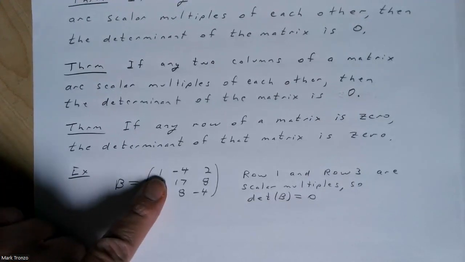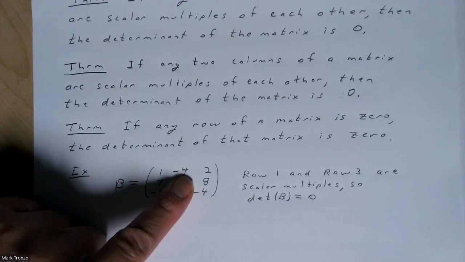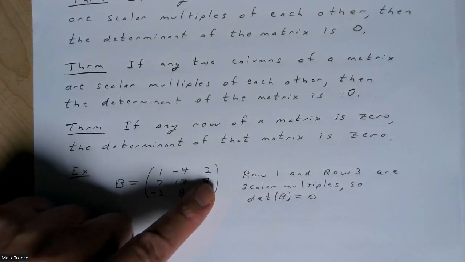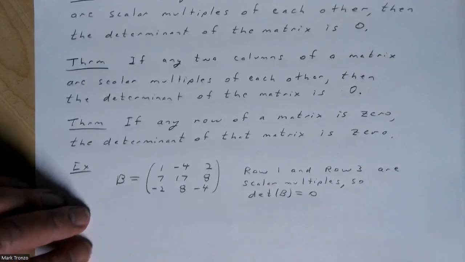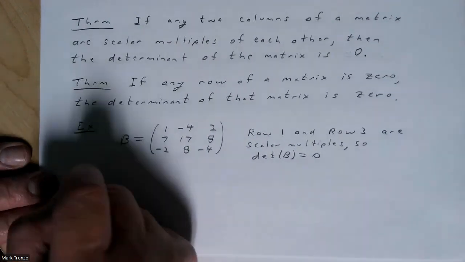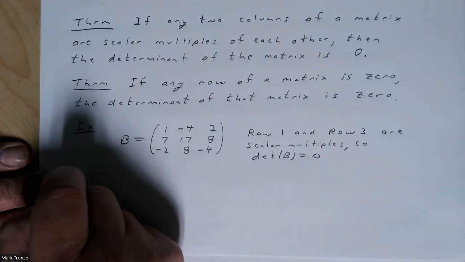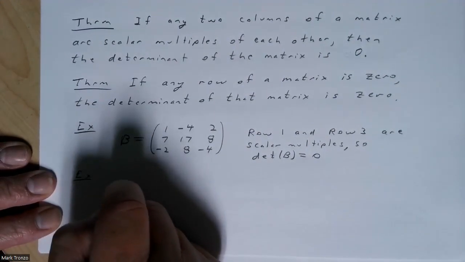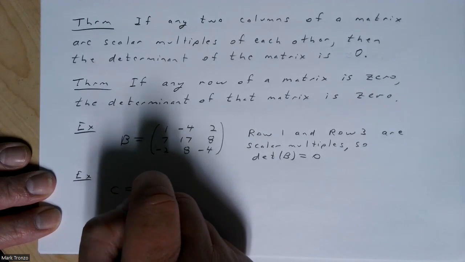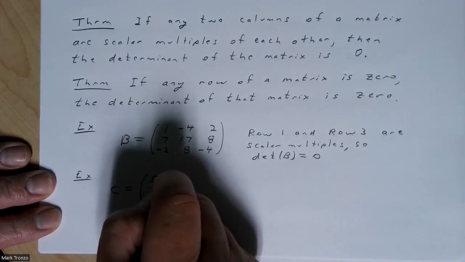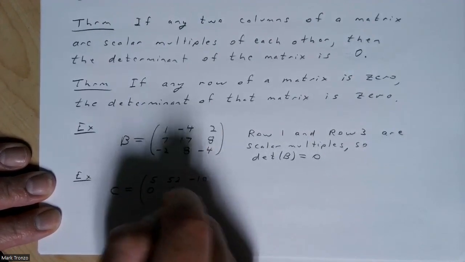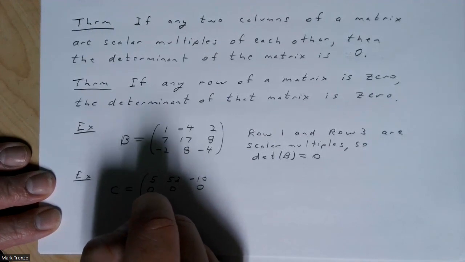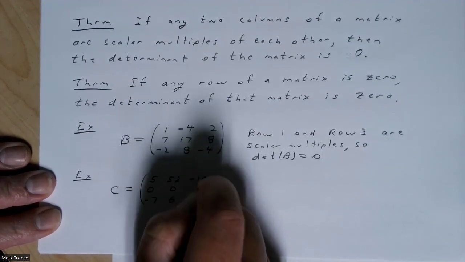Again, if you take negative 2 times this, you get negative 2. Negative 2 times this, you get 8. Negative 2 times this, you get negative 4. So row 3 and row 1 are scalar multiples, so the determinant is 0. Or let's say if you have a matrix, like I said, same thing works if columns are scalar multiples. So let's say if you have a matrix C and 5, 52, minus 10, minus 7, 6, 14.